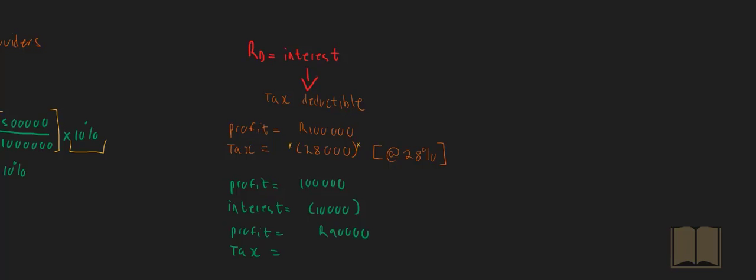It would be based on the 100,000 minus the interest, which is tax deductible, of 10,000, leaving you with only 90,000 rand. So the tax on the 90,000 rand would be based on 28%. So the 90,000 rand multiplied by a tax rate of 28% would give you a tax expense of 25,200.